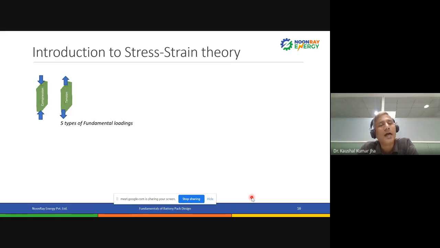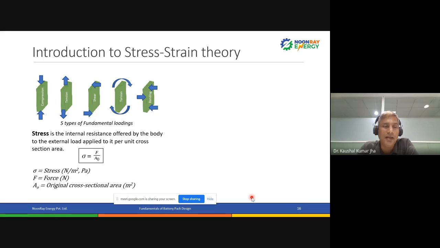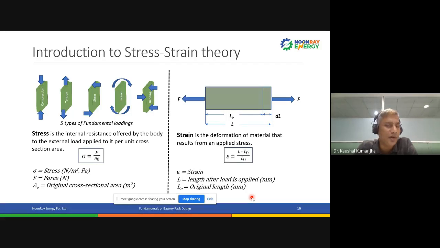Now, after saying that, what are the five fundamental types of loading? Compression, tension, shear, torsion, bending. And from that, we know stress and strain. I'm not going to further discuss stress and strain because as engineering faculty members, we should understand this.